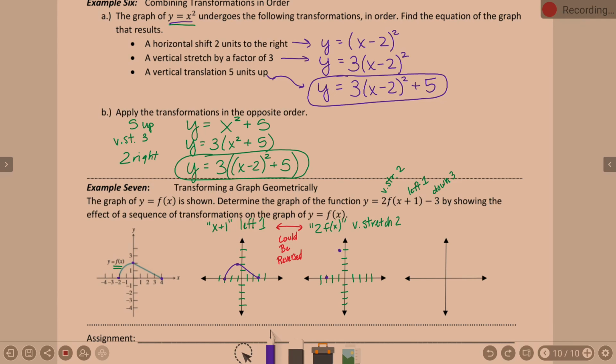The other point we were at was 3, 0. The y value there is 0, and 2 times 0 is 0, so that's just going to stay at 3, 0. Take all your y values and multiply. All this does is become a taller version. The first one is supposed to be a curve. The second piece is more of a straight line.